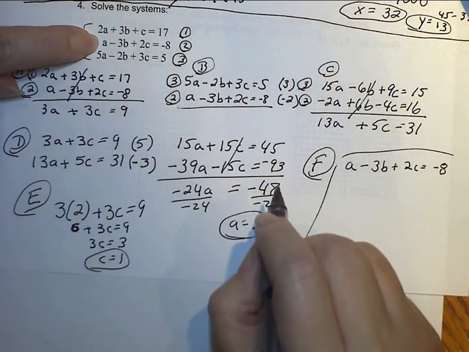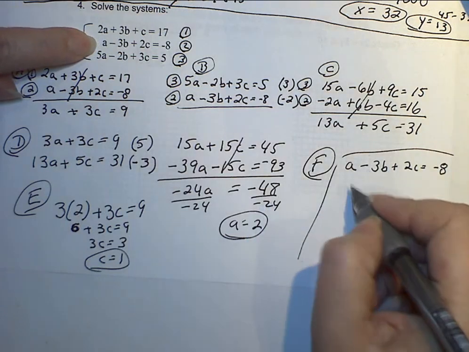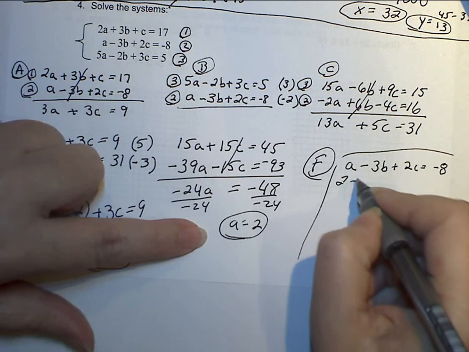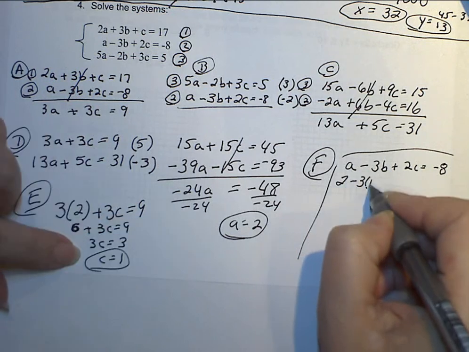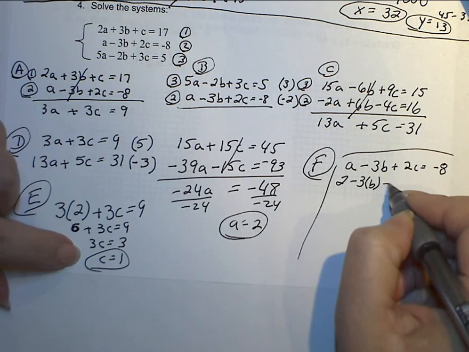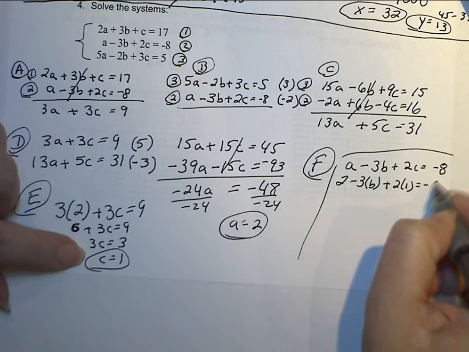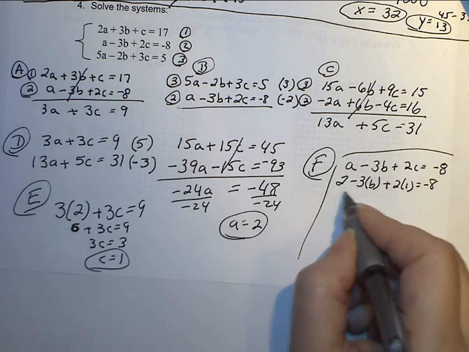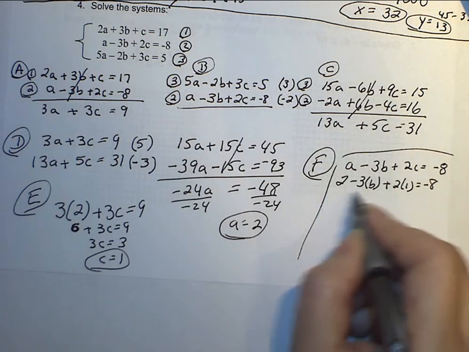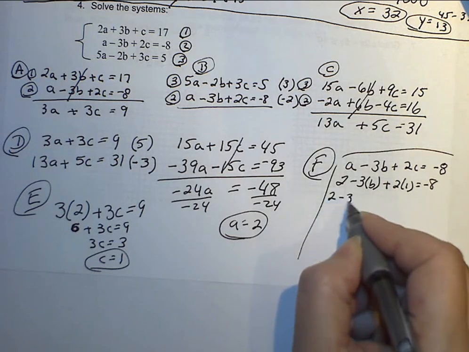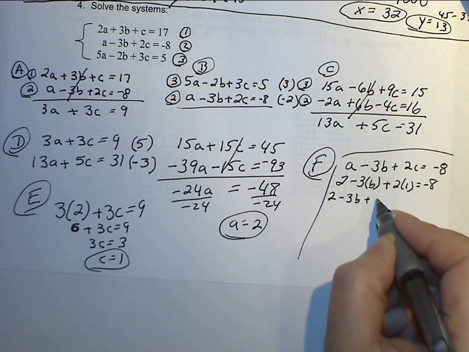So then I'm going to put in the 2 minus 3 times b, that is what we're solving for, plus 2 times 1, because c is 1, equals negative 8. So 2 minus 3b plus 2 times 1 is 2, equals negative 8.